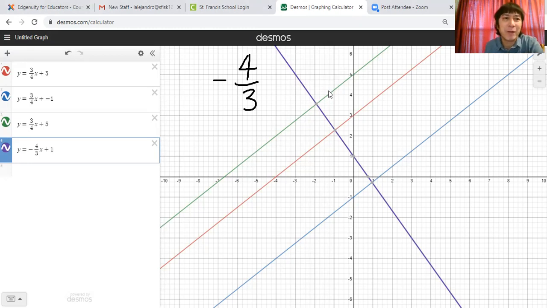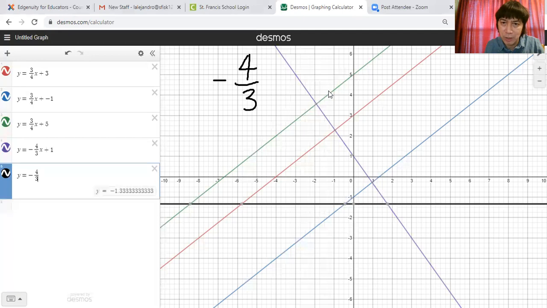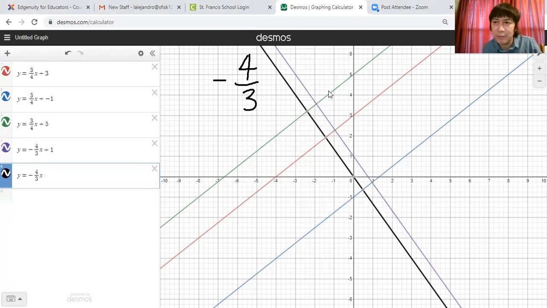All right, we shall do another one. y is equal to negative 4/3 x. This time I will make it pass through the origin. By not putting any y-intercept, it will pass through 0, 0. And this time, you have another perpendicular to the green, red, and blue.